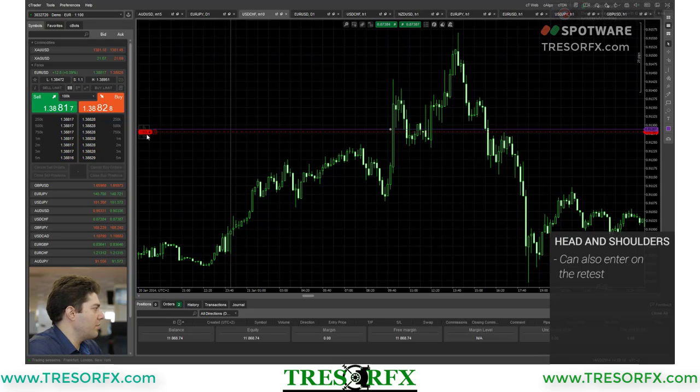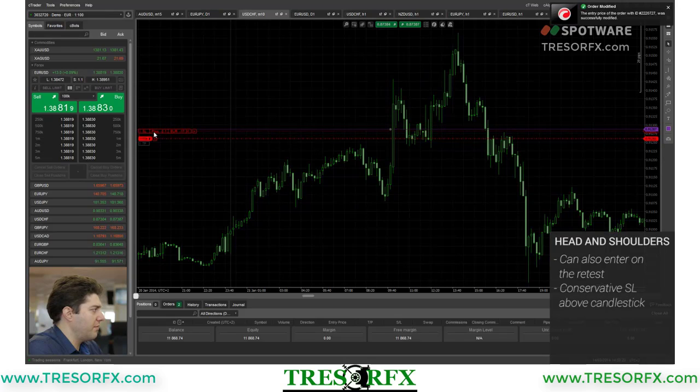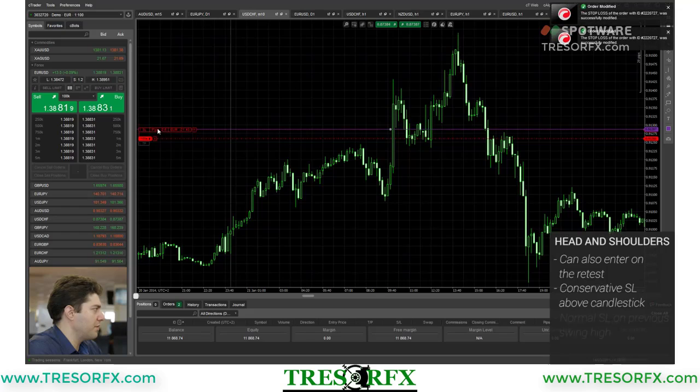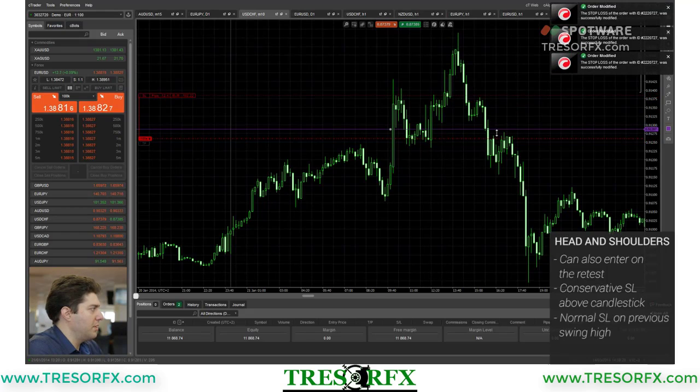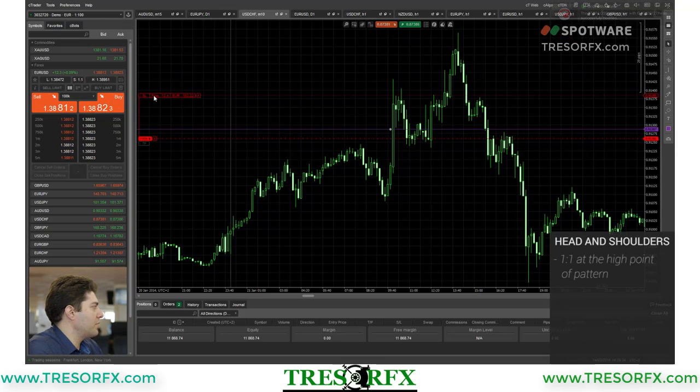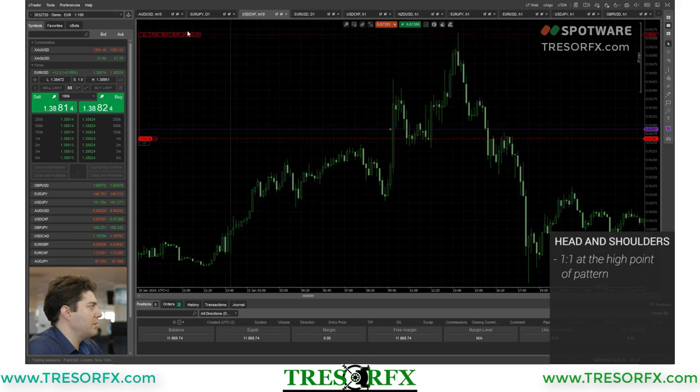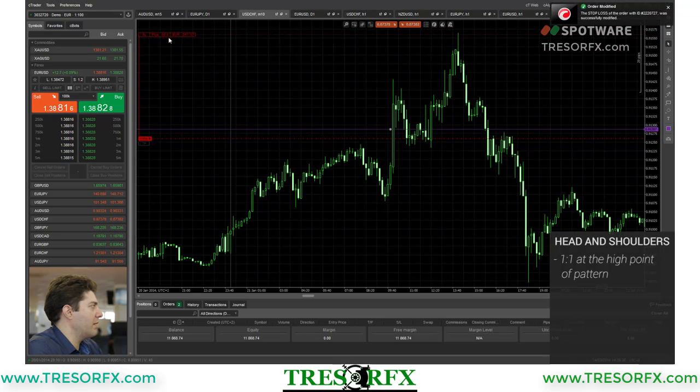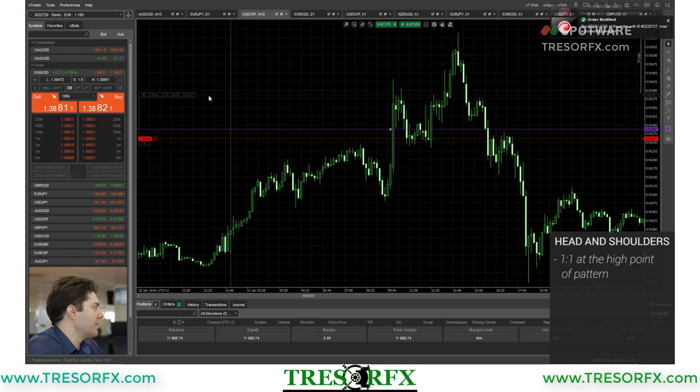You can enter somewhere around here. Your stop loss can be conservative, very conservative right above the candlestick, can be less conservative on the previous swing above the previous shoulder, or it can be not conservative at all, 1-to-1 actually above the head of the pattern.